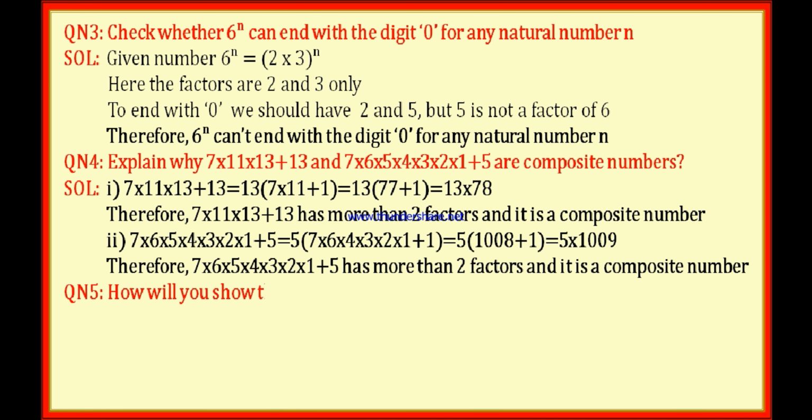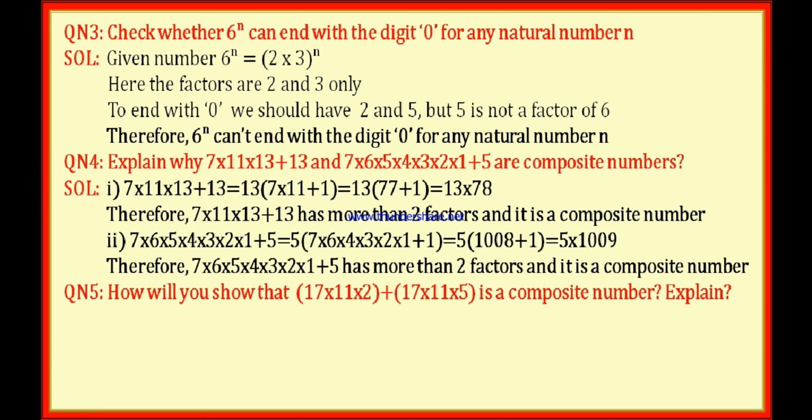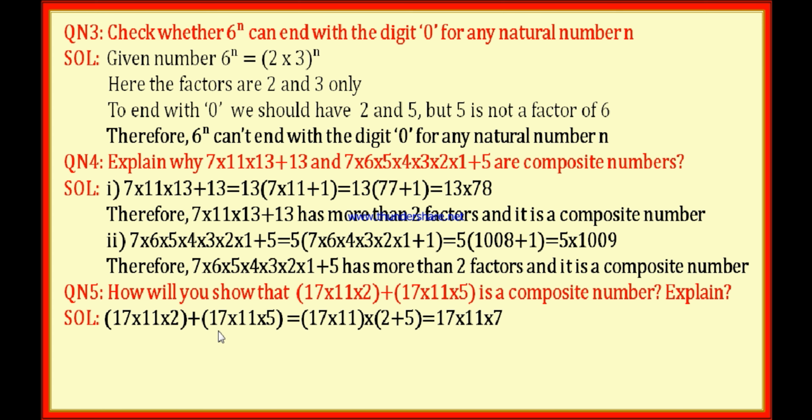Now look at question number 5. How will you show that 17 into 11 into 2 plus 17 into 11 into 5 is a composite number, and explain. In the same model you can do this also. Here the given number is 17 into 11 into 2 plus 17 into 11 into 5. If you observe these two values, 17 into 11 is common.